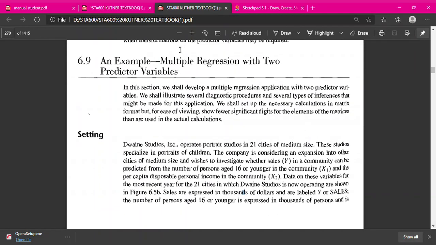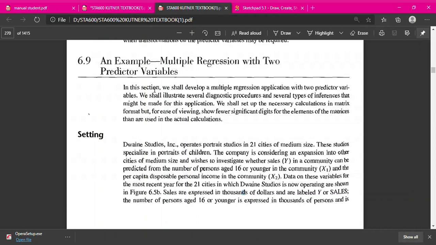Okay, example of multiple linear regression with two predictor variables. Okay, so I will explain about two predictor variables, but you can also try to do it for the others, meaning more than two predictor variables. 3 or 4, but to do it manually is possible, you just cannot use a calculator. Another alternative is you can use Excel to create the matrix.